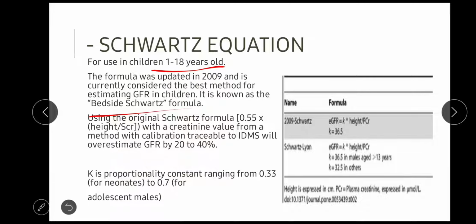So, ito yung formula natin: 0.55 times height over serum creatinine. K is a proportionality constant ranging from 0.33 for neonates, kasi diba for children 1 to 18 years old siya, to 0.7 for adolescents, for male pa rin.